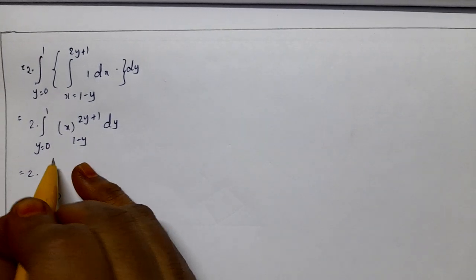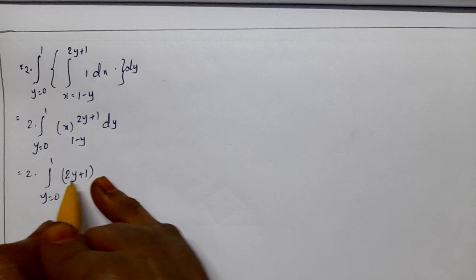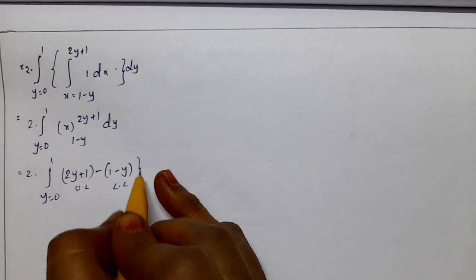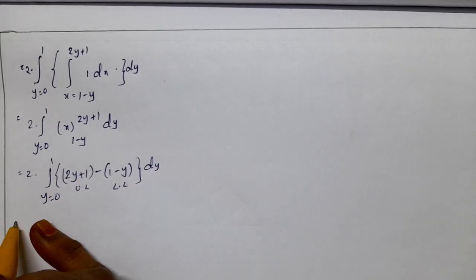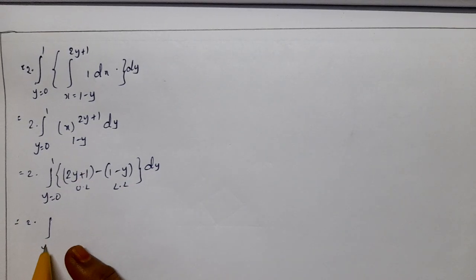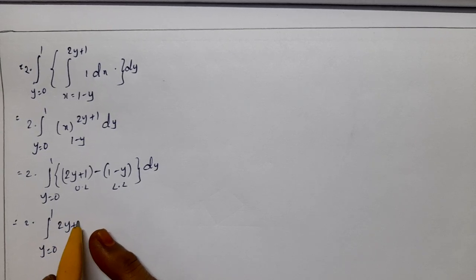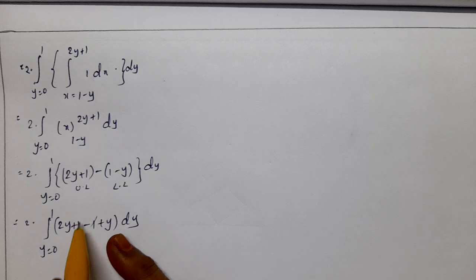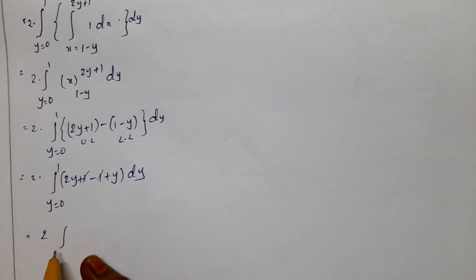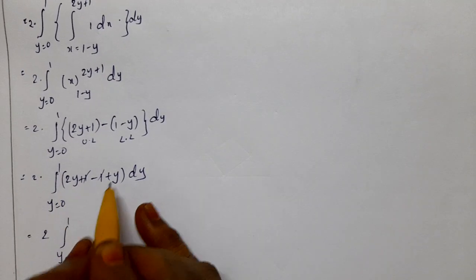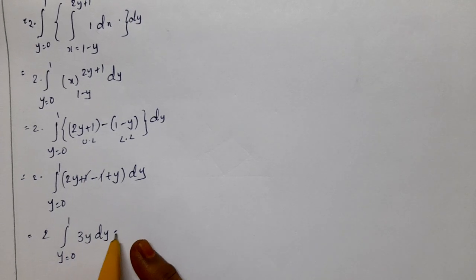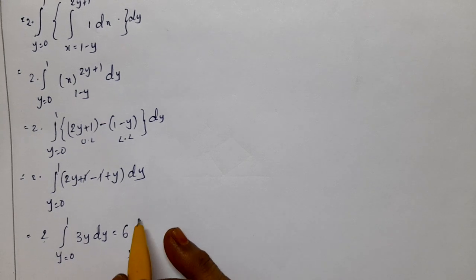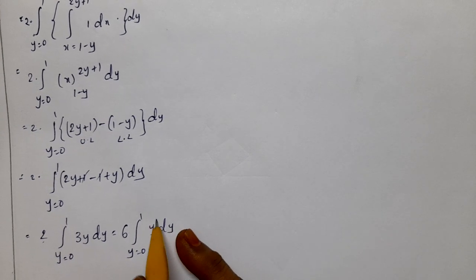Apply the limits: 2y plus 1 minus (1 minus y), upper limit minus lower limit. This equals 2 into integral y equals 0 to 1 of 2y plus 1 minus 1 plus y, dy, which is integral of 2y plus y, 3y, dy. 2 threes are 6, integral y equals 0 to 1 y dy.